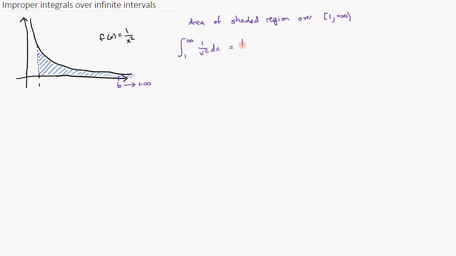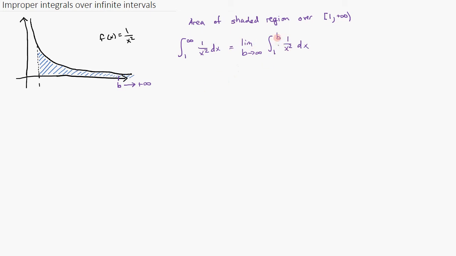So the way I'm going to compute it is to take the limit as b goes to infinity of the integral from 1 to b of 1 over x squared dx. This is a finite integral, and I'm going to keep increasing it until b goes to infinity, and then see what happens to this quantity.